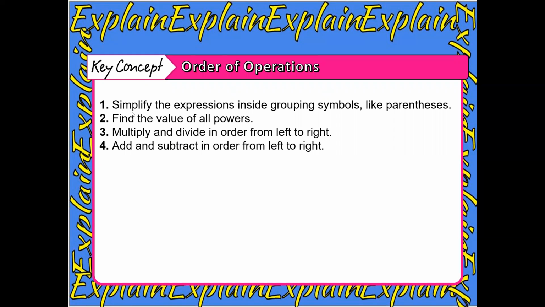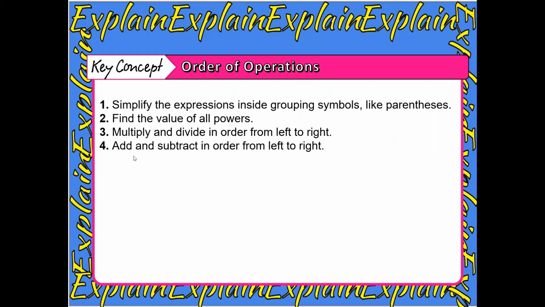And how do we read these sentences? We always start at the left and read going to the right. Mathematical expressions are read the same exact way as a sentence, from left to right. If there's multiplying and dividing, you do whichever one you come to first, from left to right.